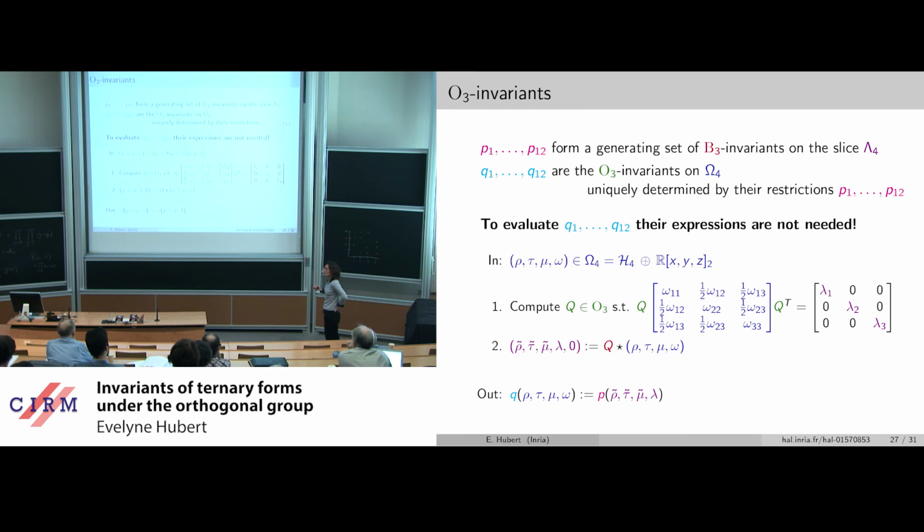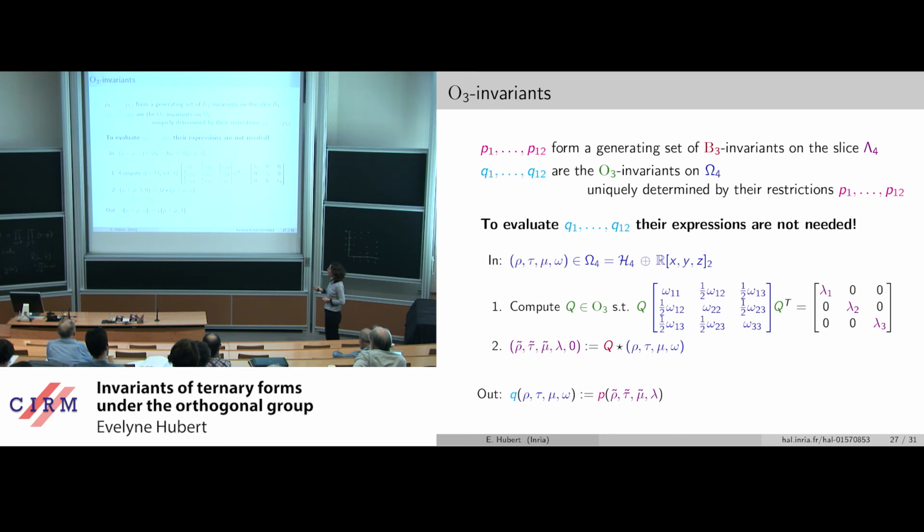This Q is not unique, but we don't care; any matrix that diagonalizes will work. Now with this matrix Q, we rotate all the data to obtain another degree 4 polynomial.